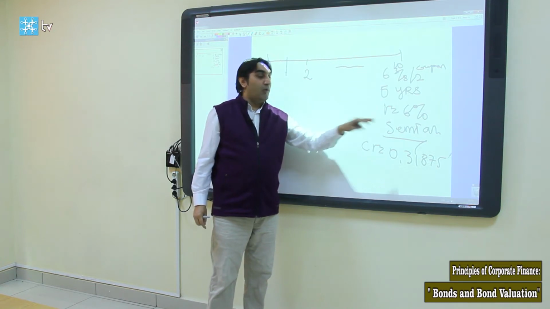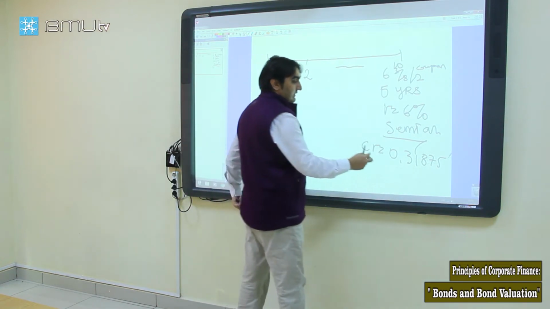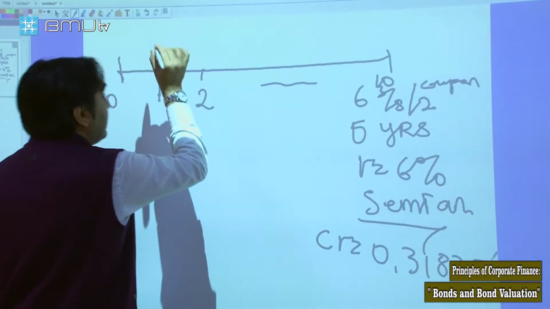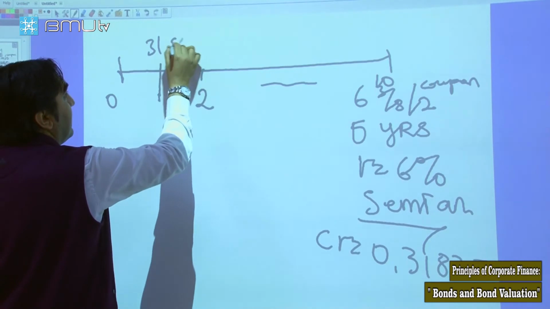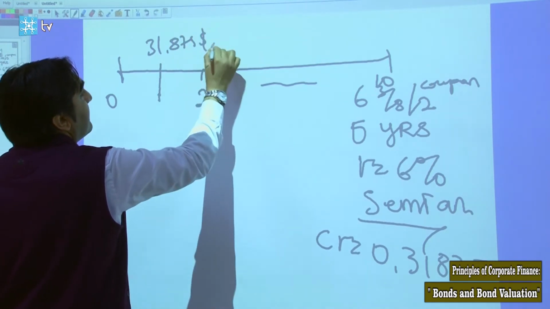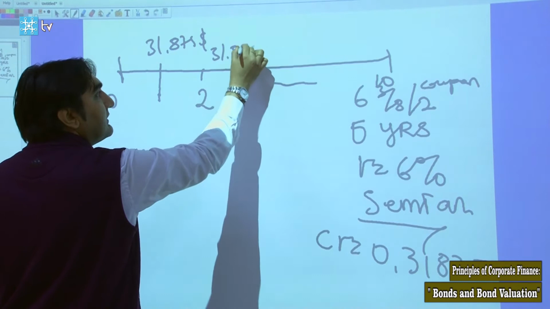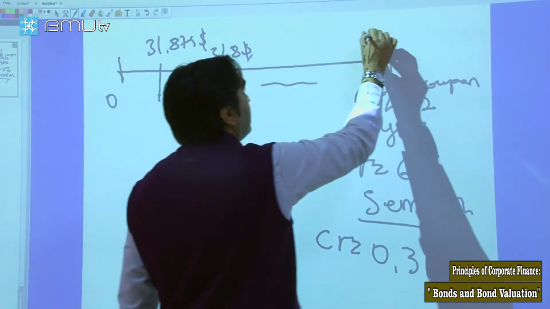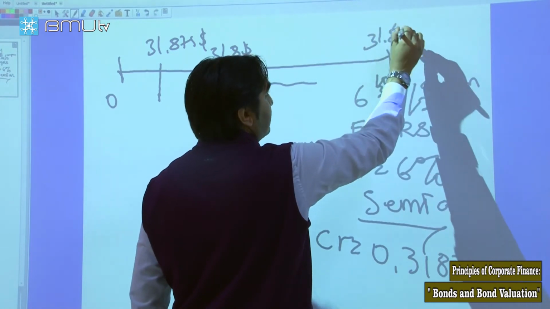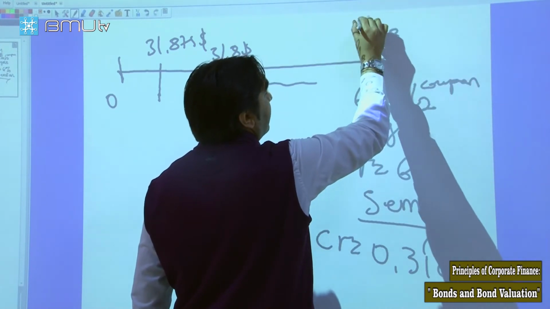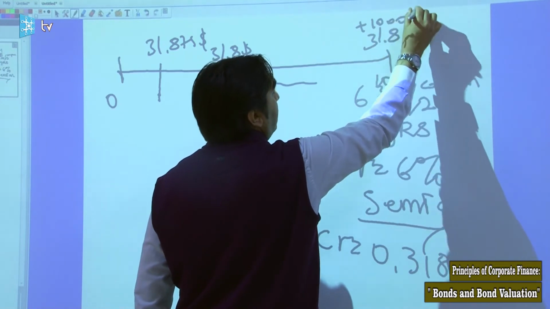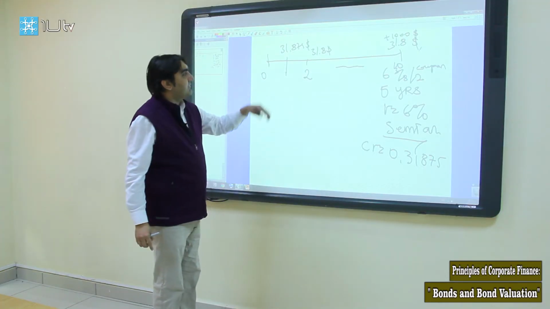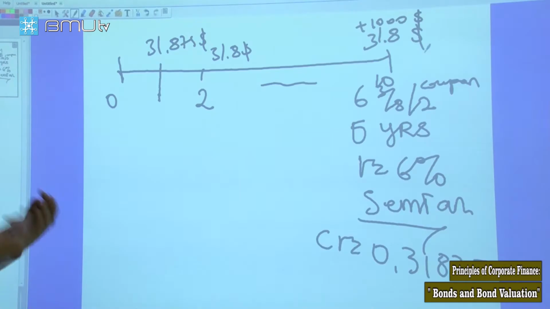The semi-annual coupon payment will be that rate times the face value of 1,000. Here we get $19.375, and at the end we'll get plus $1,000. So finding the present value of all these cash flows gives us the price of this bond.